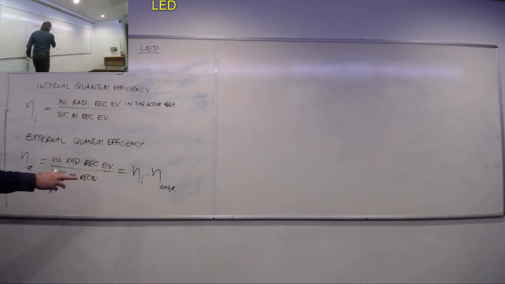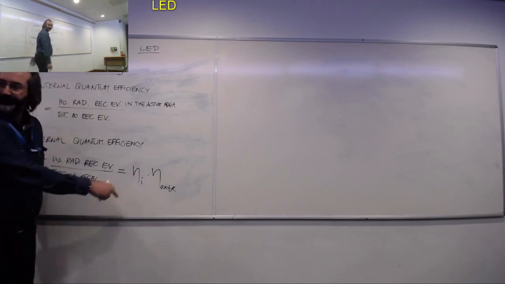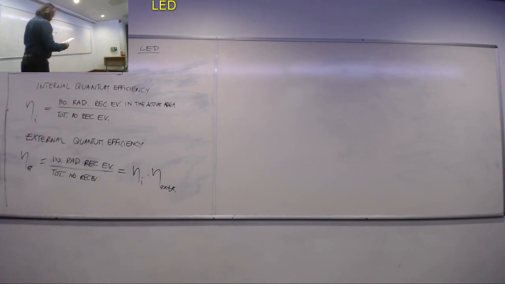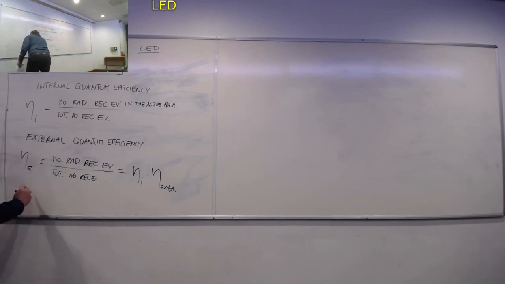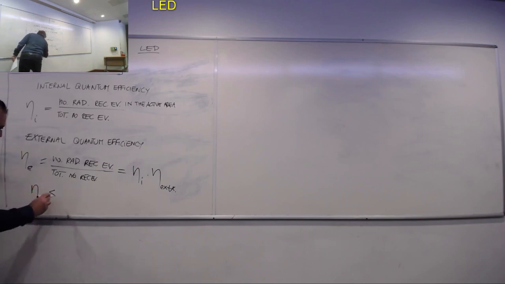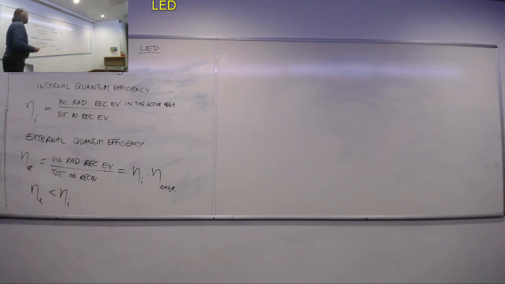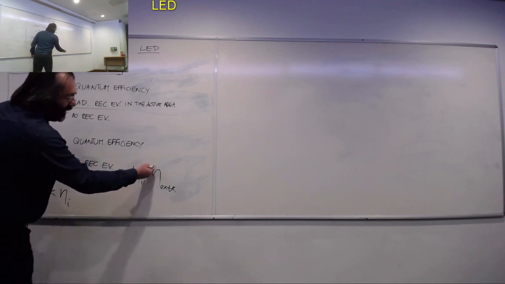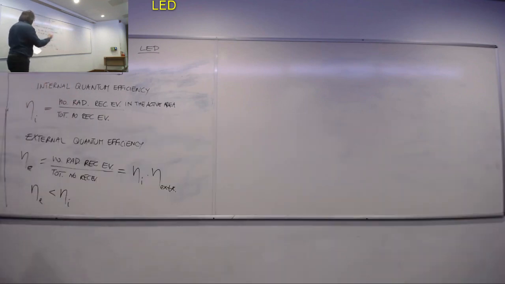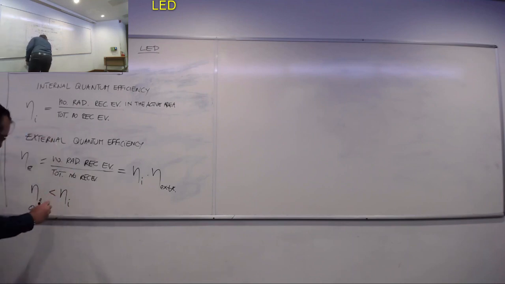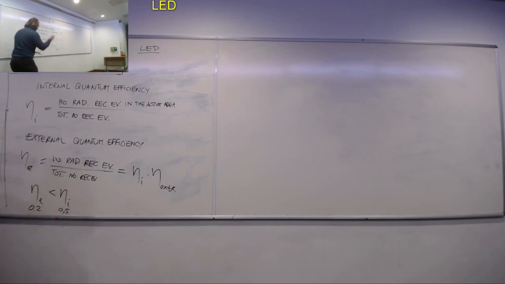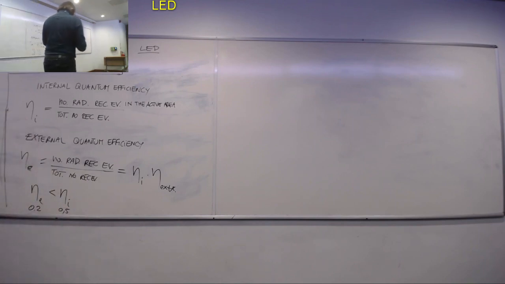This is the so-called extraction efficiency. In general, the external quantum efficiency is smaller than the internal one, because this fraction is smaller than 1. For example, the external quantum efficiency could be 0.2, so 20%, while the internal could be, I don't know, 50%, 0.5.